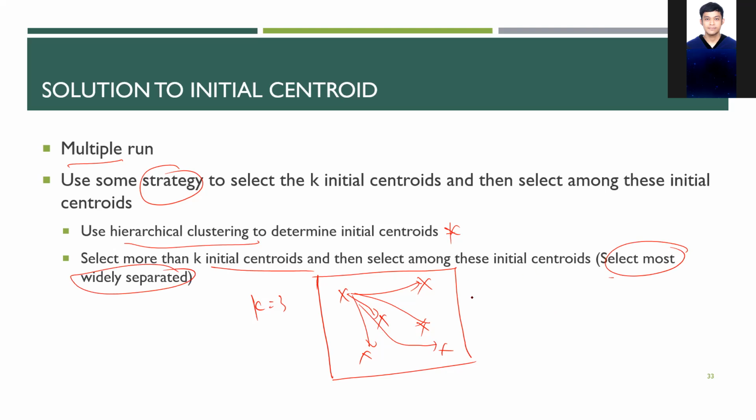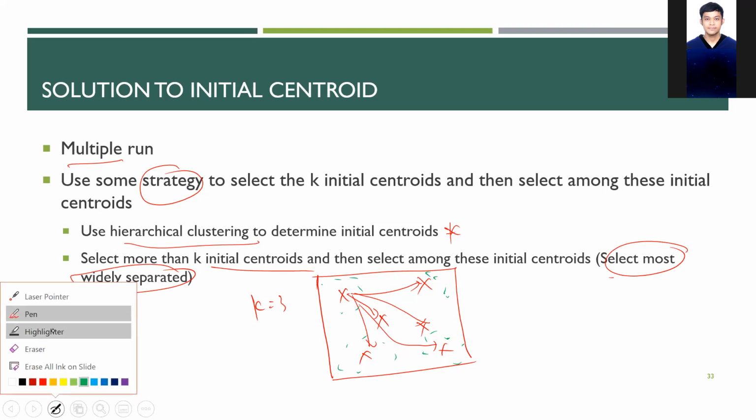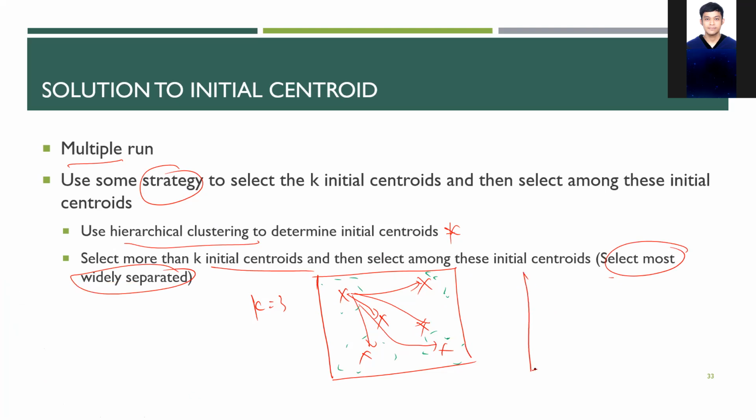Why do we choose the most widely separated? Because we hope that the centroids will cover all data points, all locations of the data, all possible solutions. Compare this with a case where, for the same data, the centroids are very close to each other.